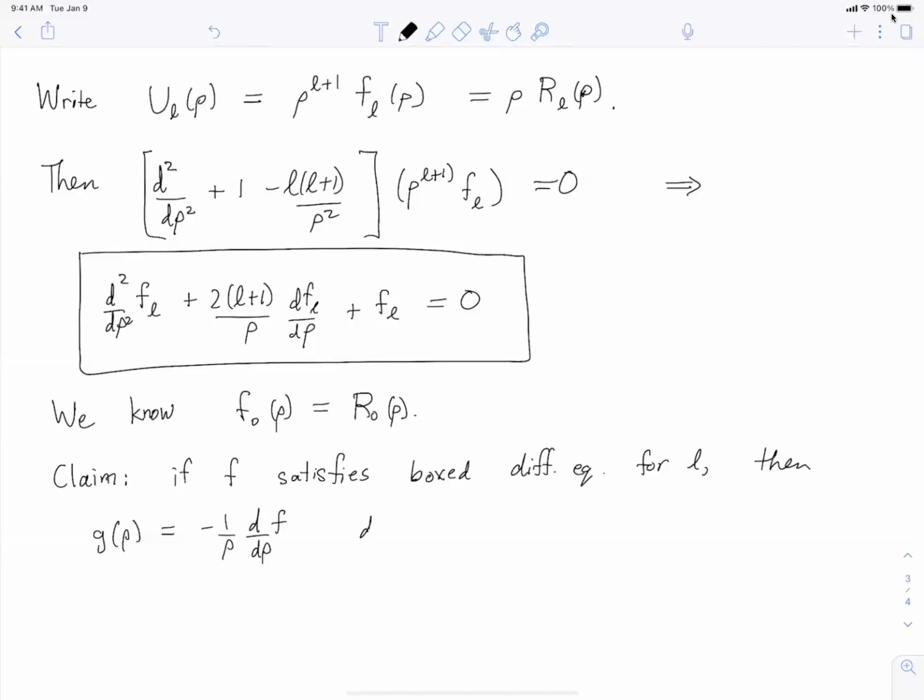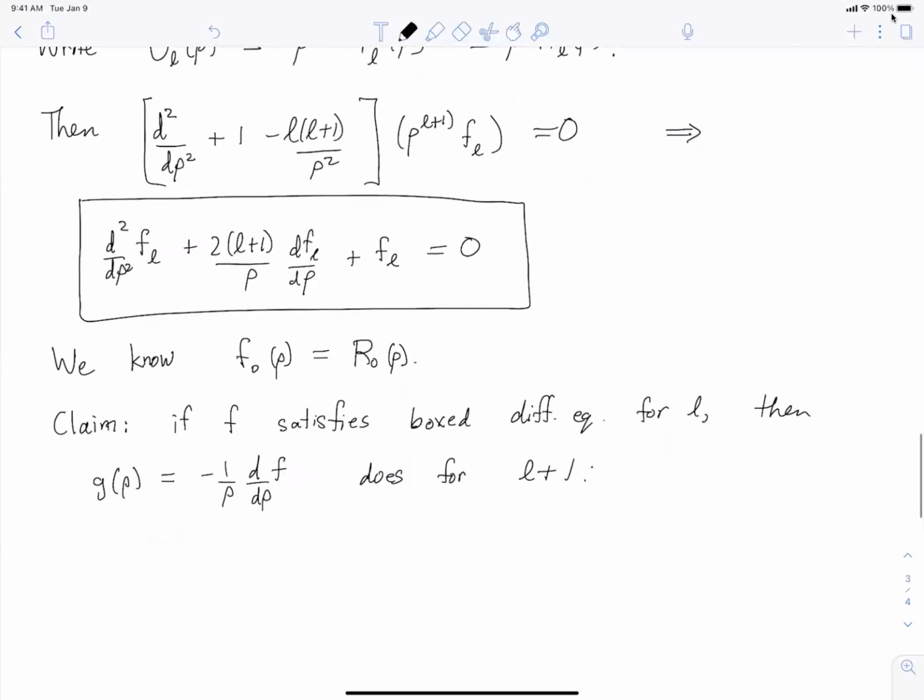And that will do it for L plus 1. So in a way, it's kind of similar to the harmonic oscillator. We start with the lowest thing, and then we build up the higher things from it.